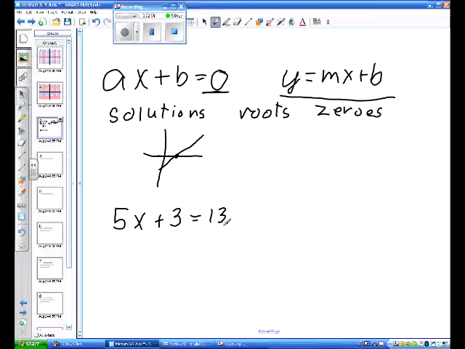Now, if we went through and substituted in 2 for x, then we would find that this was a true statement, and therefore 2 is a solution for this equation. We have 13 equals 13. We made a true statement. So x equals 2 would be a solution for this equation.